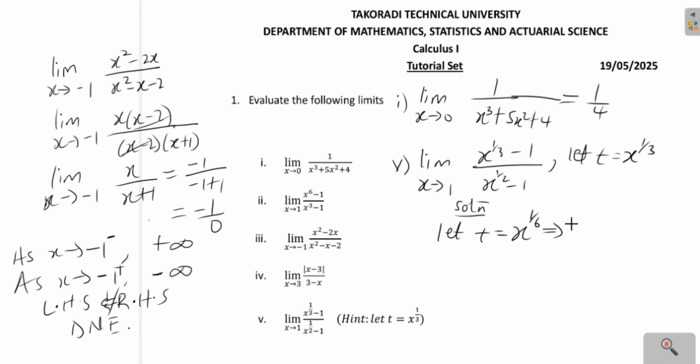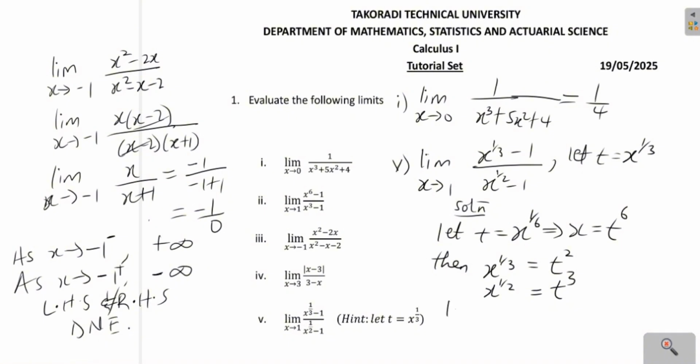Then this implies that x is equal to t to the power 6, right? Then x to the power 1 over 3 is equal to t squared, and x to the power half is equal to t cubed.